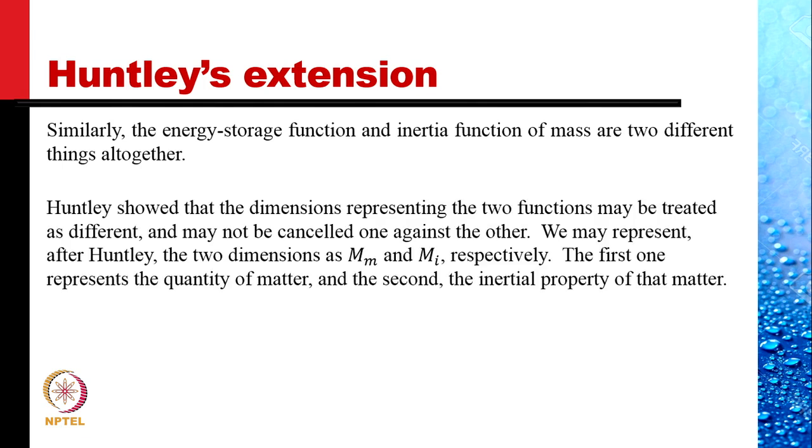He showed that the dimensions representing the two functions may be treated as different and may not be cancelled one against the other. We can represent two dimensions, m sub m and m sub I, respectively, for mass. The first one represents the quantity of matter, and the second, the inertial property of that matter.